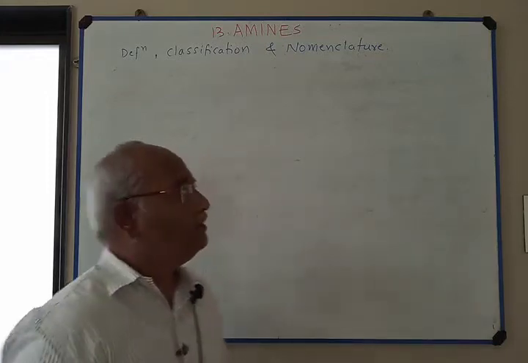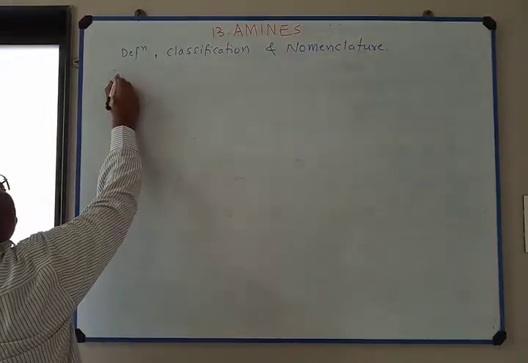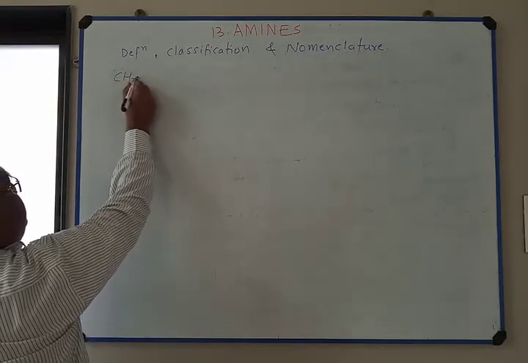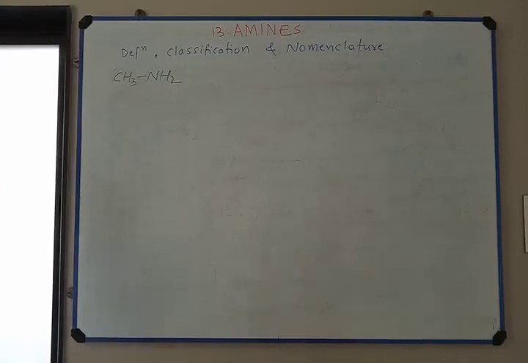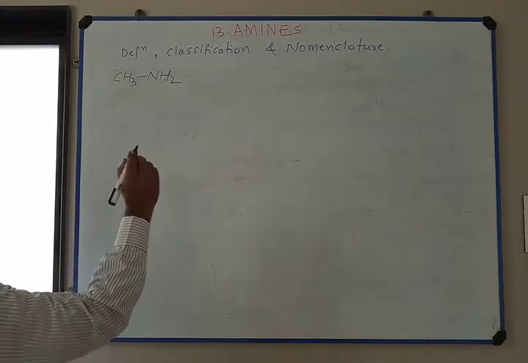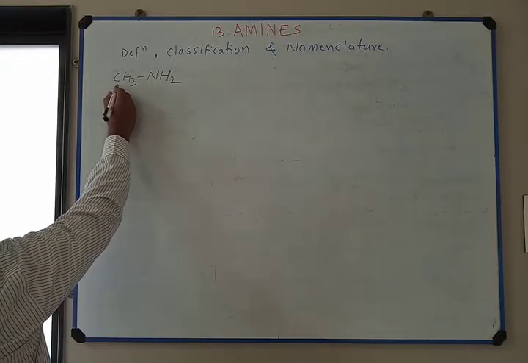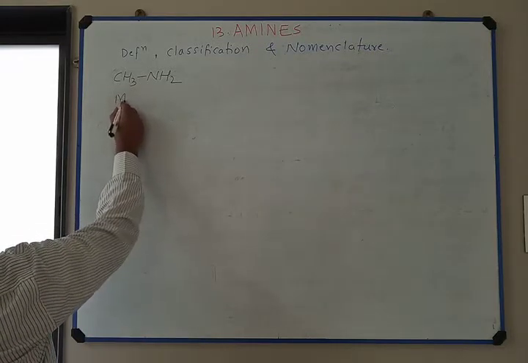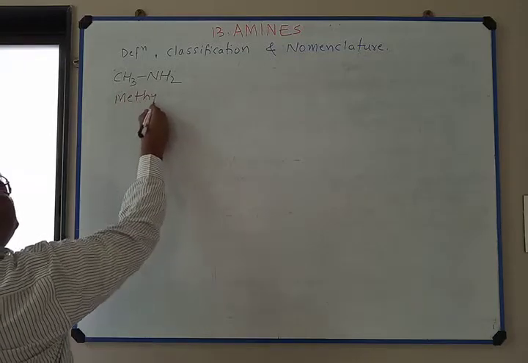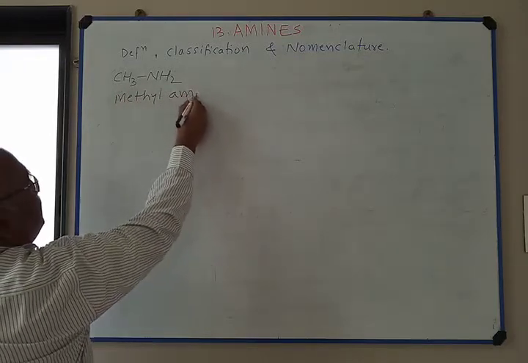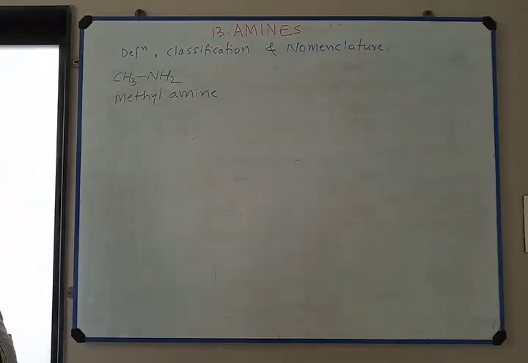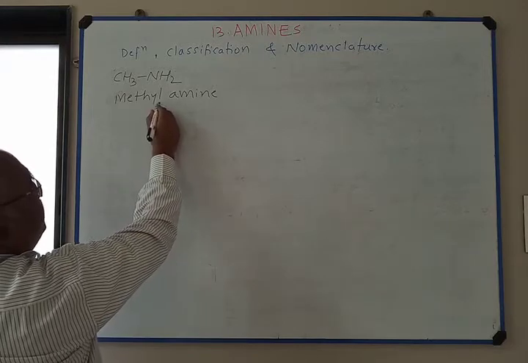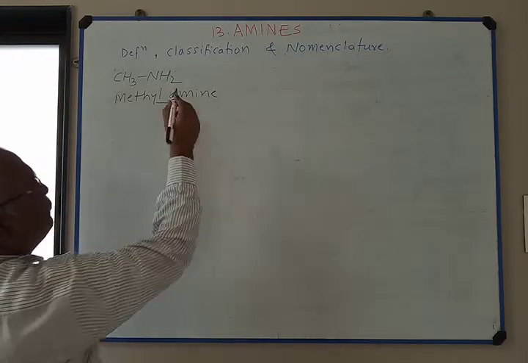So I take this example, CH3NH2. This is simplest aliphatic amine. So I write the name of the compound like this. CH3 is methyl group. Therefore I write methyl amine. This is methyl amine. Remember, the correct name is you join these two words.